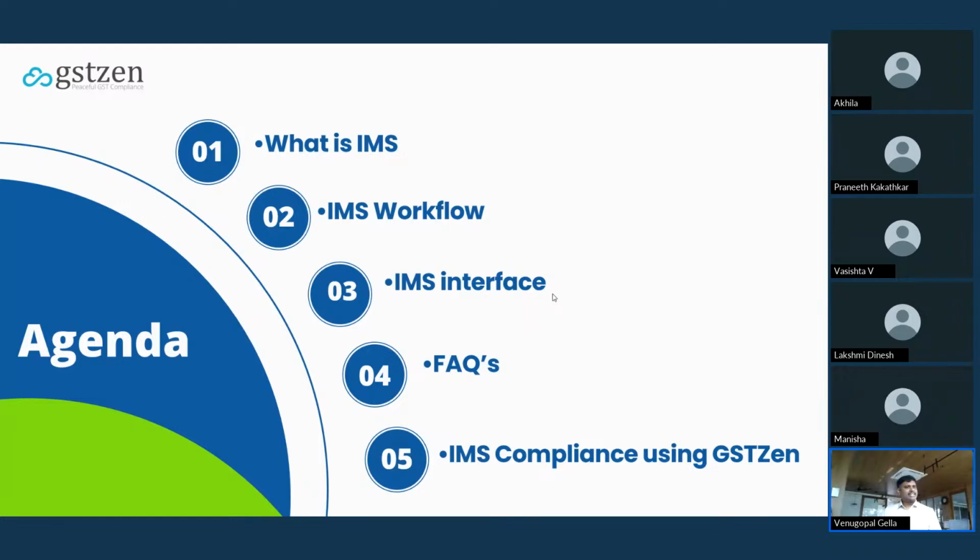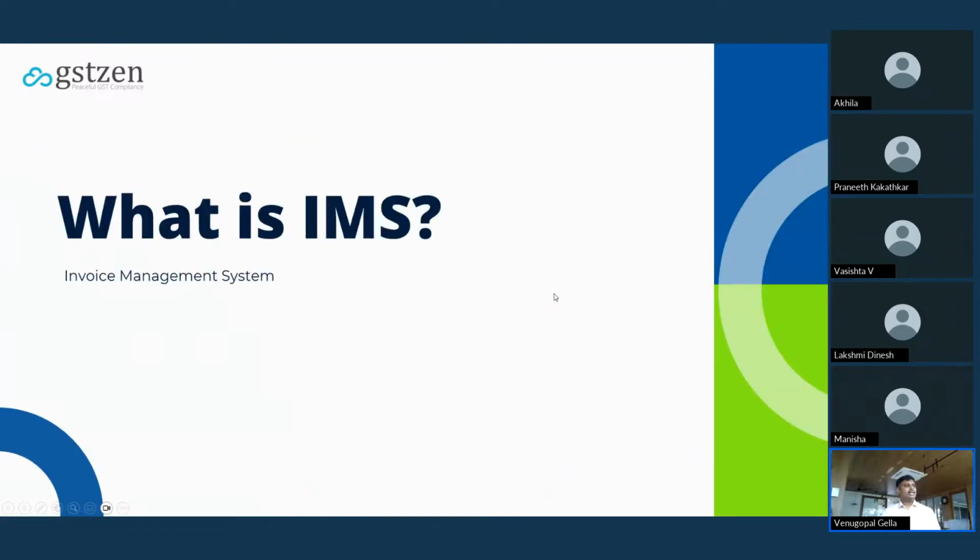Let's start with understanding what is IMS, Invoice Management System. Let's understand this conceptually. When we say Invoice Management System, what do we mean by it? We all know the seller, when making a supply, raises an invoice and issues it to the recipient.